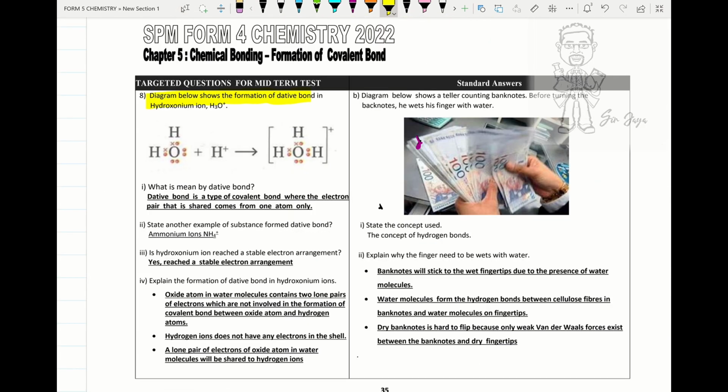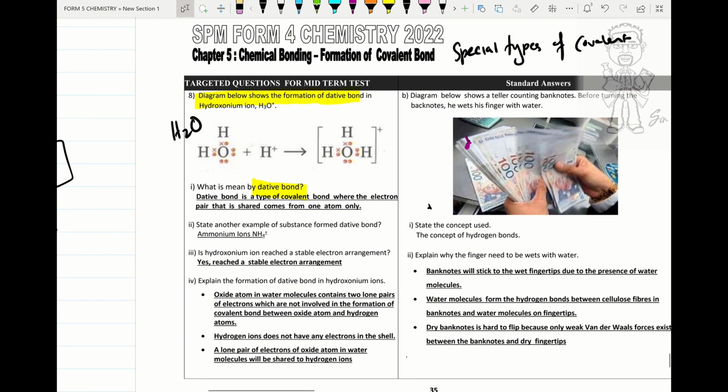All right, try to check another question. The diagram below shows the formation of dative bonding with a hydrogen ion. So we need to remember what is meant by dative bonding. Dative bonding is a special type of covalent bond where the shared pair of electrons comes from only one atom. In this case we have a water molecule, H2O, made up of covalent bonds between hydrogen atoms and the oxide atom.